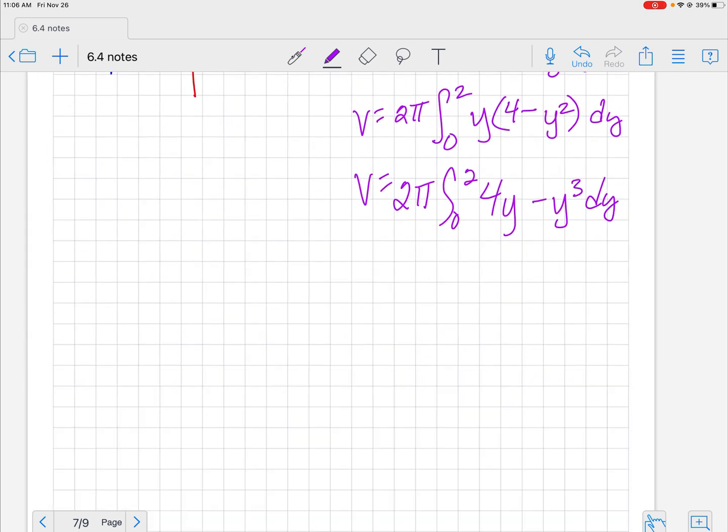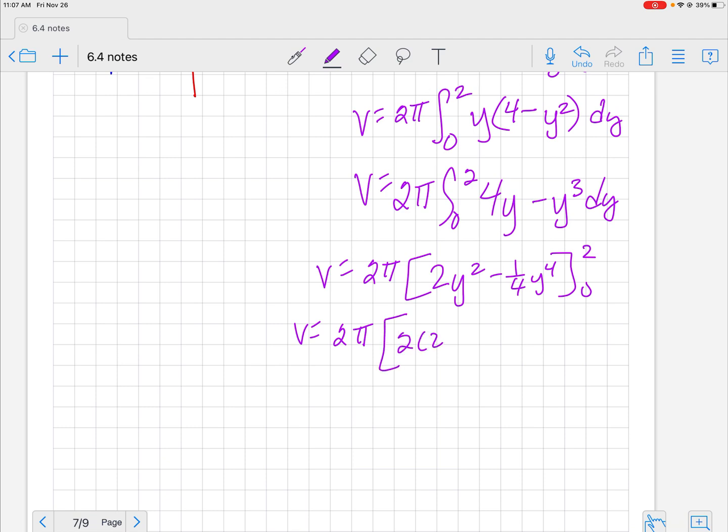I'm going to scoot this over a little bit. So this is going to be y squared; 4 divided by 2 is a 2, so I'm just going to go ahead and write that in there. We've got this, minus 1/4 y to the 4th from 0 to 2. If I plug that in, ooh, it's minus 0 again. I love that. 2 times 2 squared minus 1/4 times 2 to the 4th minus 0, of course.